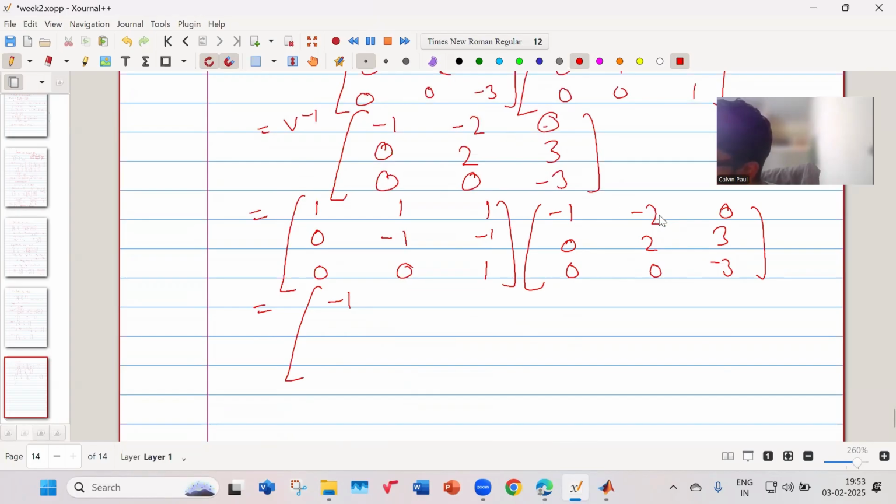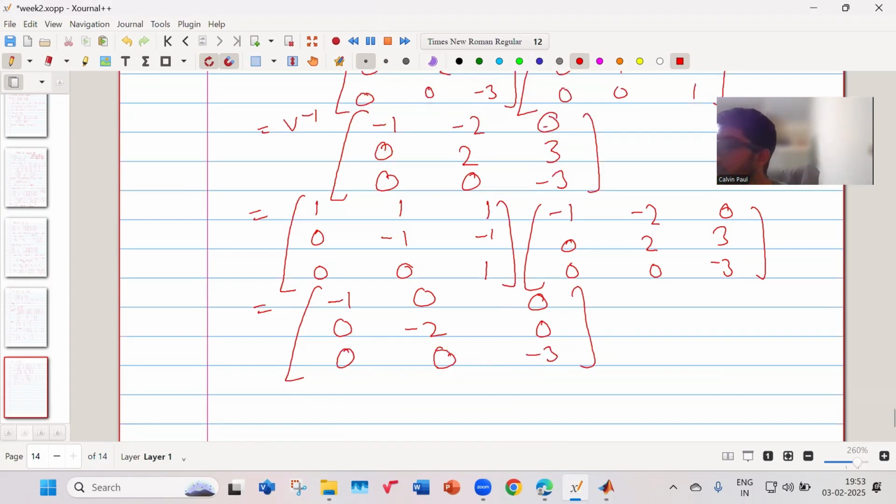Then minus 1 into minus 2 plus 2, so this is 0. This here 3 minus 3 again is 0. Now here 0 into minus 1 is 0, into 0 0, so it is 0. 0 into minus 2 0, minus 1 into 2 is minus 2, and again into 0. 0 into 3 0 0, minus 3 and plus 3, so again it is 0. So now again here it is 0 0, here it is minus 3.